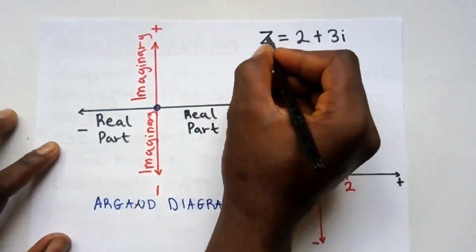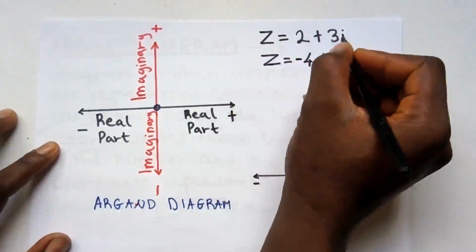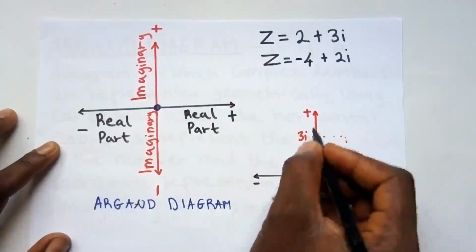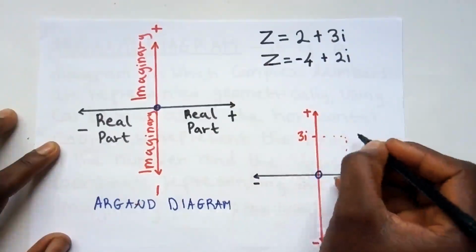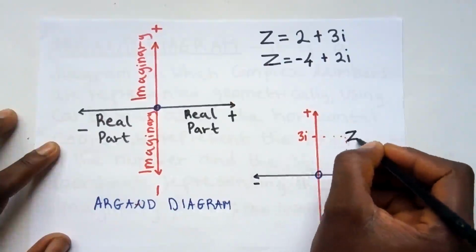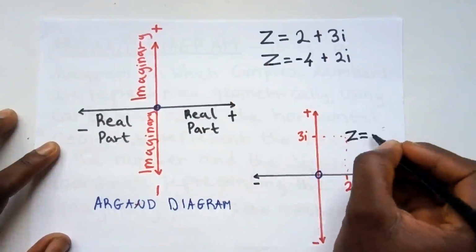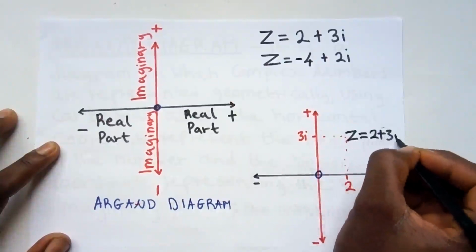So this complex number Z is equal to 2 plus 3i can be represented in the Argand plane in this format. Z is equal to 2 plus 3i.